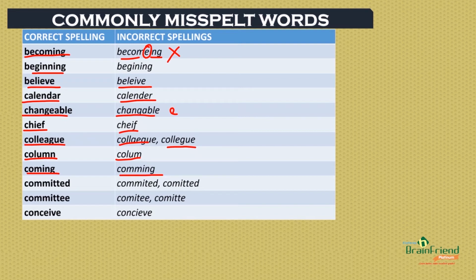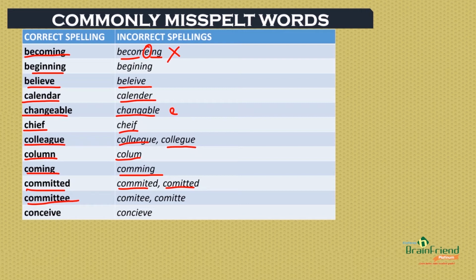Also, we have committed. Committed is spelled C-O-M-M-I-T-T-E-D, but it is wrongly spelled as C-O-M-I-T-E-D or C-O-M-M-I-T-E-D. Also, we have committee, spelled C-O-M-M-I-T-T-E-E, but it is wrongly spelled as C-O-M-I-T-E-E or C-O-M-M-I-T-E-E.